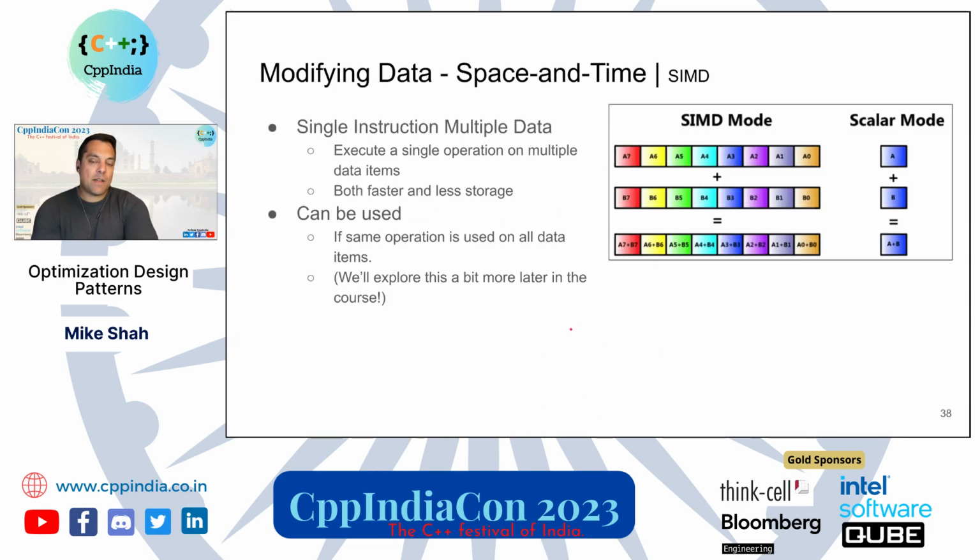So sometimes, though, we've looked at some trading space for time, some time for space trade-offs. Sometimes you can get both. Sometimes you can get space and time. And this is where parallelization comes up, which is going to be something that folks talk about later.